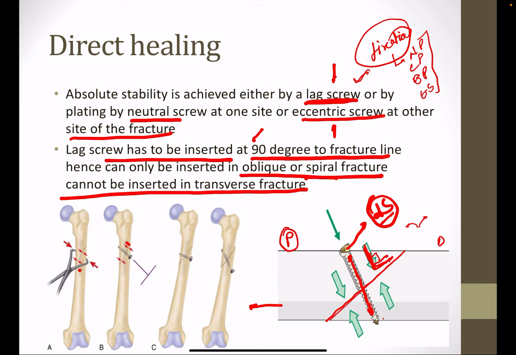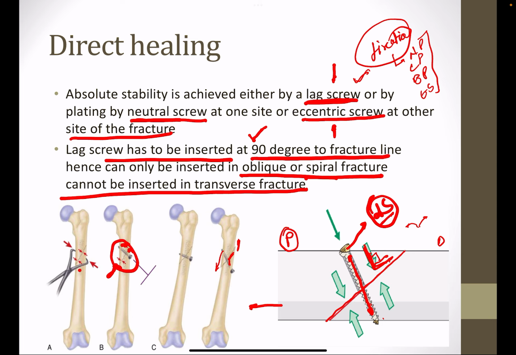A leg screw inserted at 90 degrees will give compression at the fracture site. If it is not inserted at 90 degrees, but at an angle of 120 or 130 degrees, it causes displacement of the fracture fragment. By the compression it gives, it actually displaces the fracture fragment, because it is providing force for the fracture to displace rather than to compress. So it should be inserted at 90 degrees or as close to 90 degrees as possible.